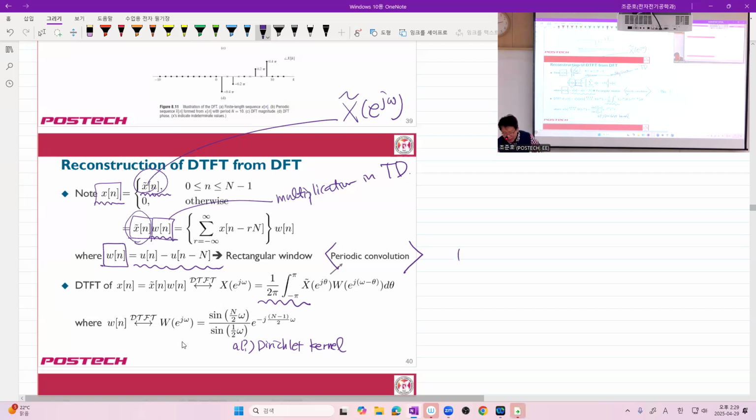And I already told you and have given you as a homework problem already. By the way, in our homework and the Wikipedia, the Dirichlet kernel is defined with some odd number n, but it could be anything, any integer, for example, from 0 to n minus 1.